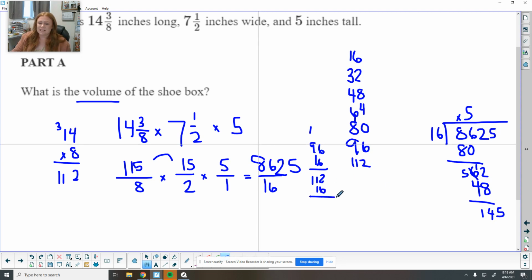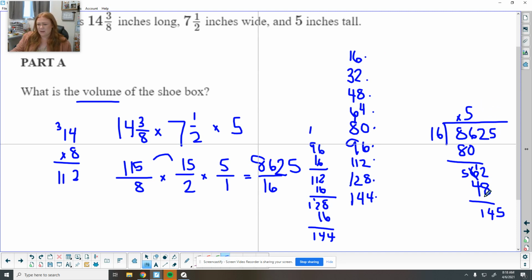Let's add another 16, 128. Let's try one more here, 144. Woo, there we go. So this 144 goes in there 1, 2, 3, 4, 5, 6, 7, 8, 9 times.